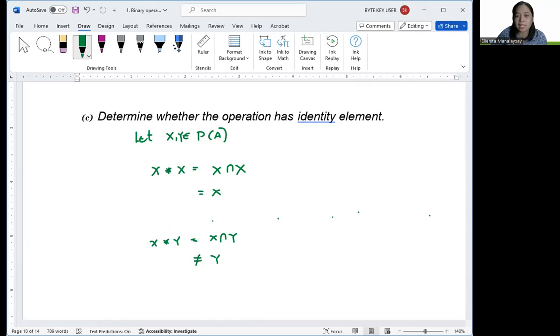So we cannot claim that x is the identity element, which implies that there is no identity element.